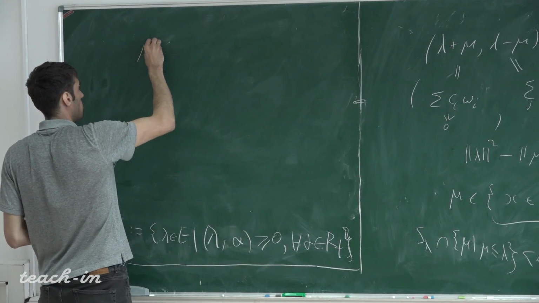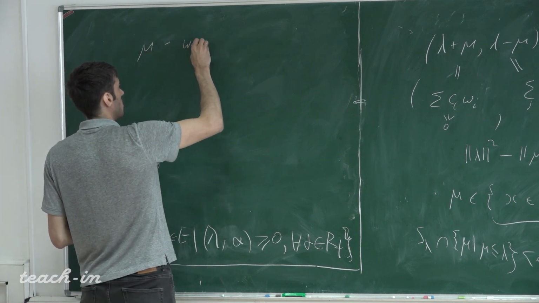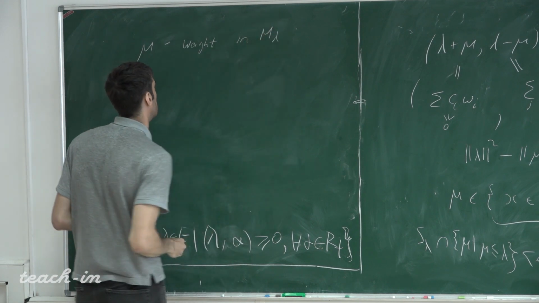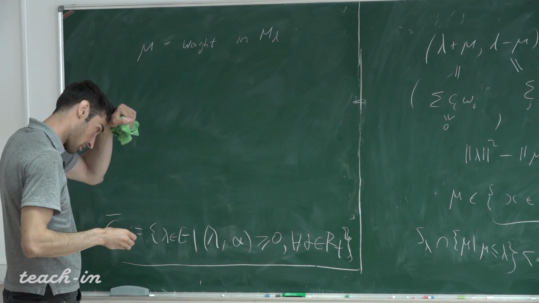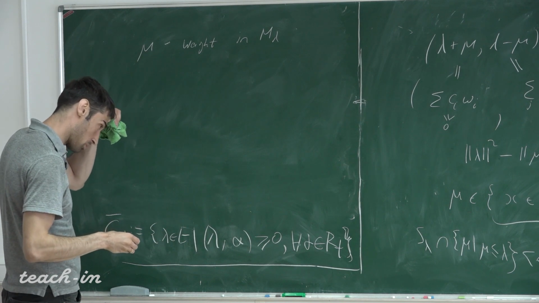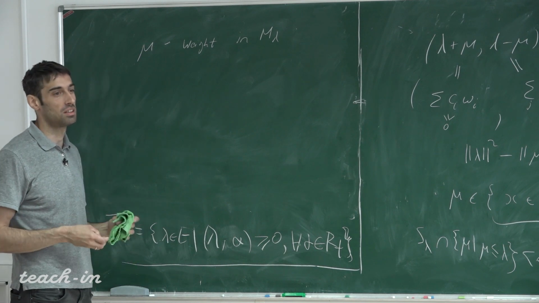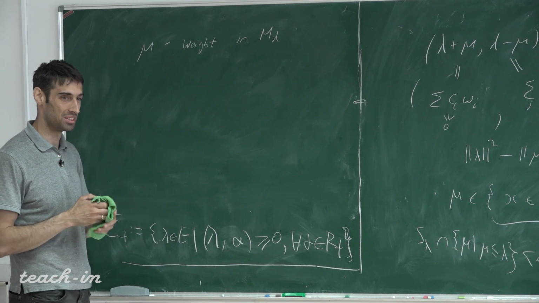So let me fix mu, a weight in M lambda. We're trying to think in paths, but it still looks vague to me.